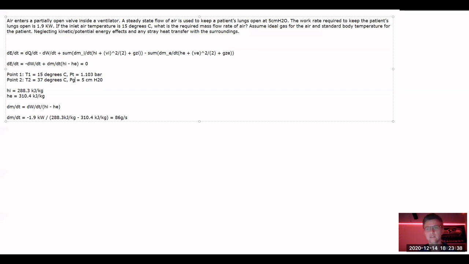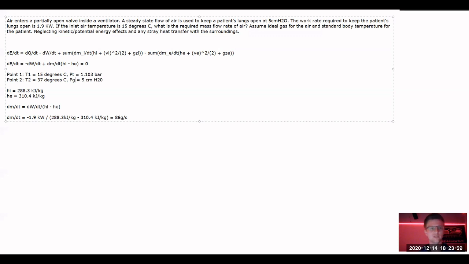Obviously, if we increase the mass flow rate, the pressure inside of the patient's lungs is going to increase. And the method that we would use to do that would be to increase the energy that we put into the ventilator. So the pressure difference is sort of implicitly accounted for there.